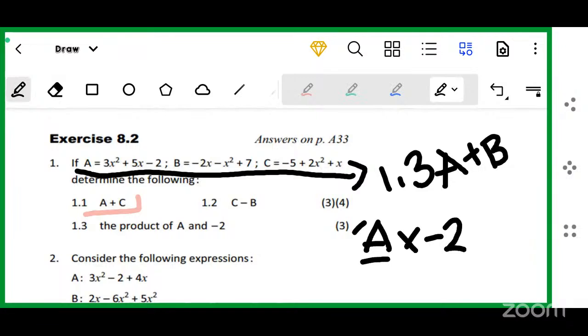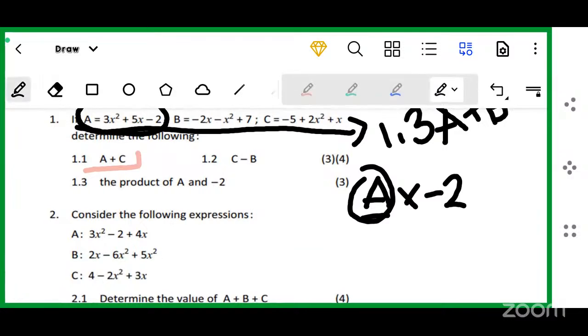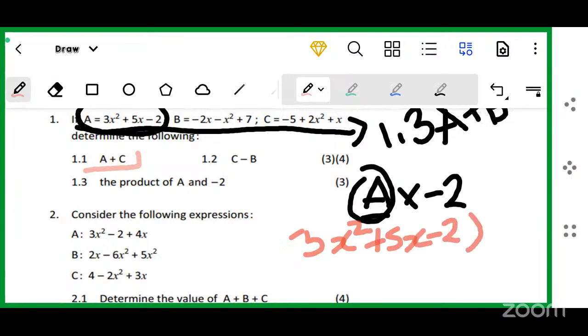Where there is A, we're supposed to substitute it with this value. Are we clear? Yes, ma'am. Perfect. So where there is A, we write 3x squared plus 5x minus 2, in a bracket, multiplied by negative 2.